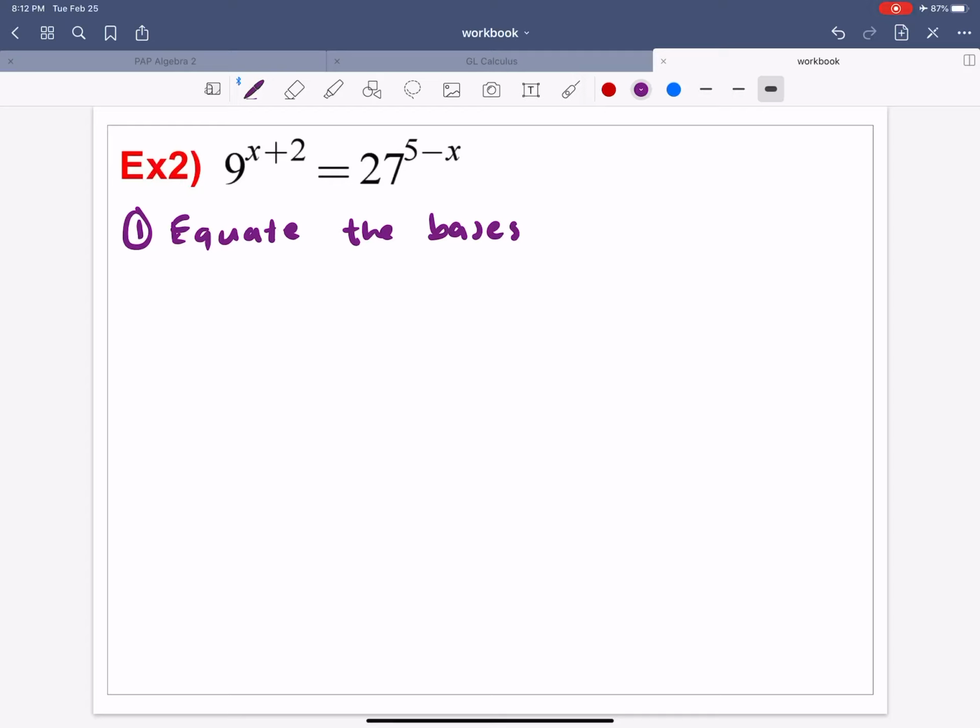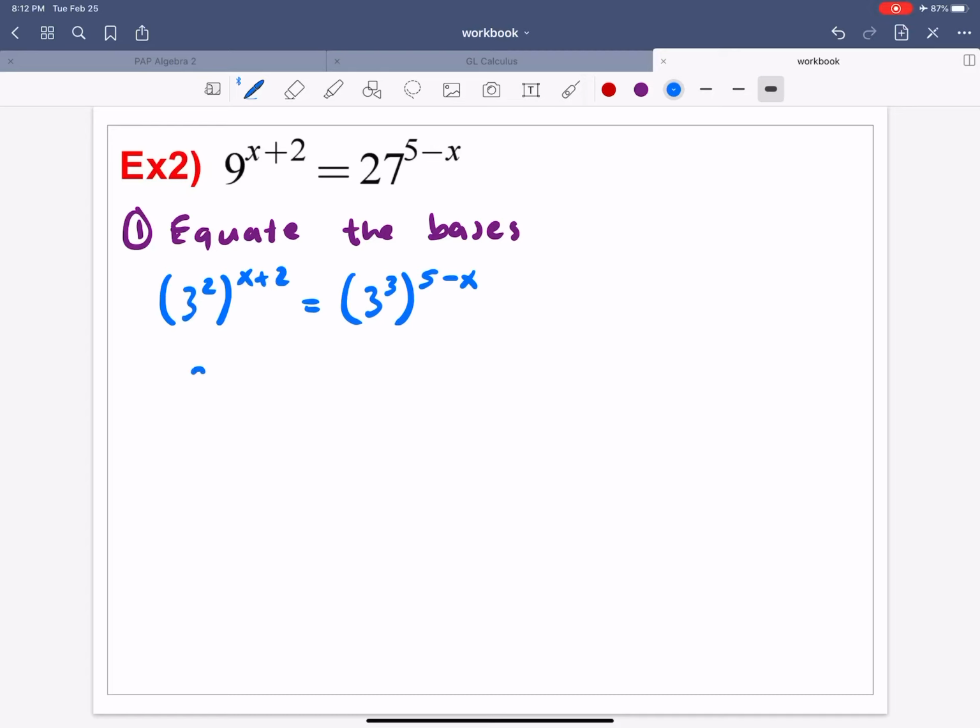So we're going to rewrite each one of them as a power of 3. 9 we can rewrite as 3 squared, still to the x plus 2 power, equals 27 is 3 cubed, and that's still to the 5 minus x power. As you can see, we've already got the bases to be the same.